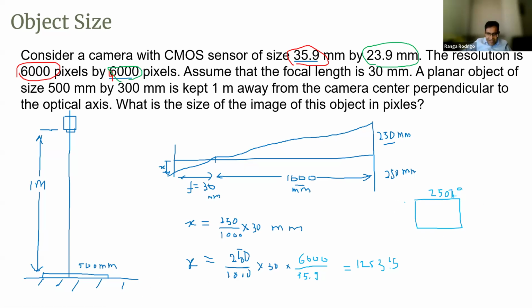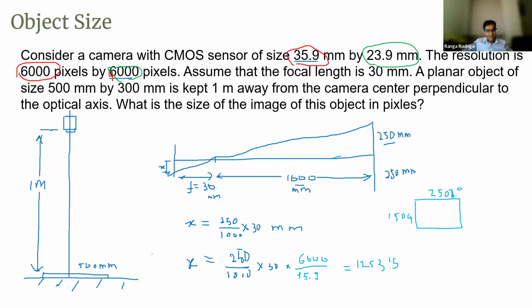And on the other side, you can find that by noting that the object size has been given as 500 by 300. So you can divide this by 500, multiply by 300, and get 1504 pixels.